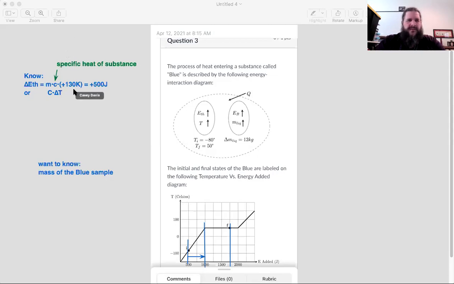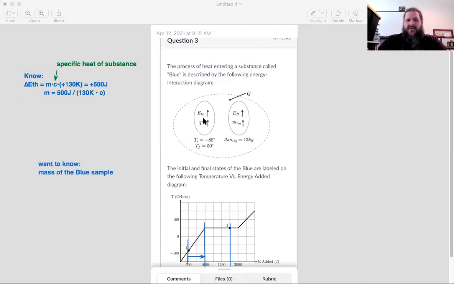And how would we do that? Yeah, the problem is we don't know the specific heat of the substance. We could solve for the mass in terms of specific heat. We could divide both sides by c, divide both sides by 130. But the problem is we don't know the specific heat.